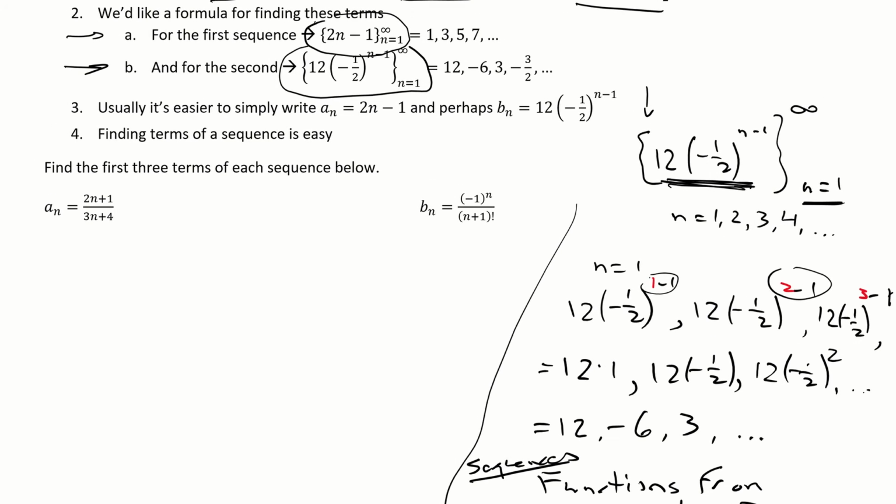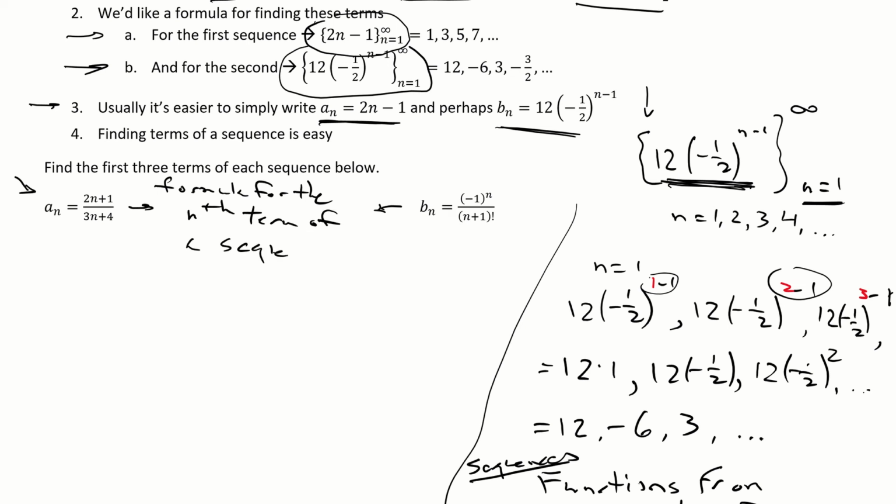The first kind of notation is the set builder notation we just explored, but then I say usually they don't even do that. Usually what they do is they simply go, as I wrote here, A sub n, B sub n. Those are names of sequences, and it really says when you see, like in this example that we're going to work on, A sub n, basically each one of these is a formula for the nth term of a sequence or the sequence.